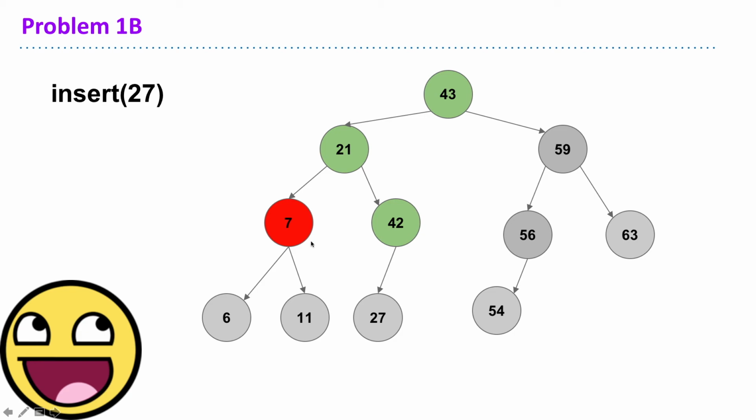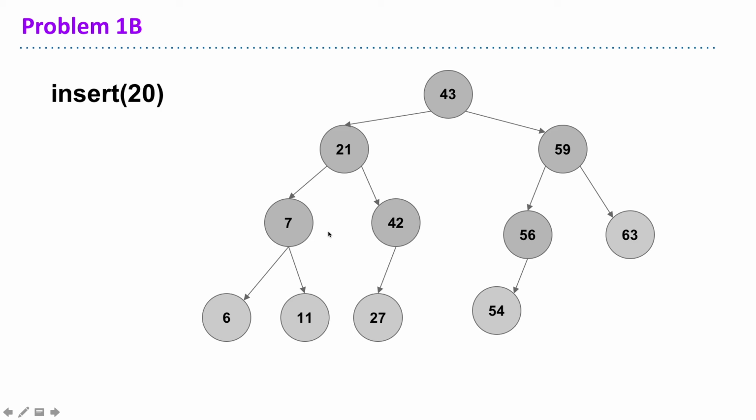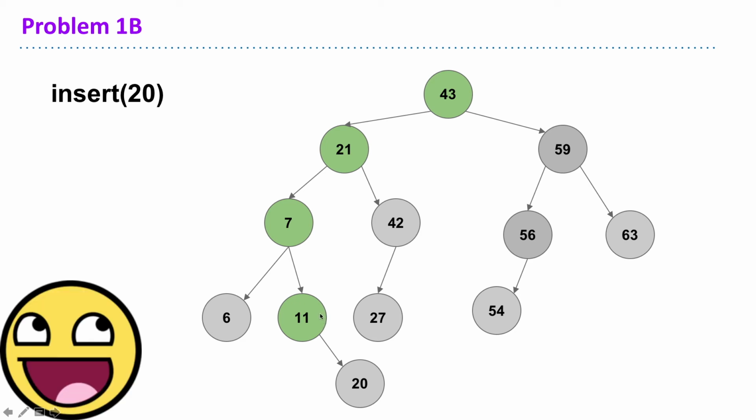Alrighty. So the next thing that we'll insert is 20. So 20 is going to be inserted to the right of 11. Oh yeah, I forgot to write the different heights again, but for 20 it's going to be 0, 0.